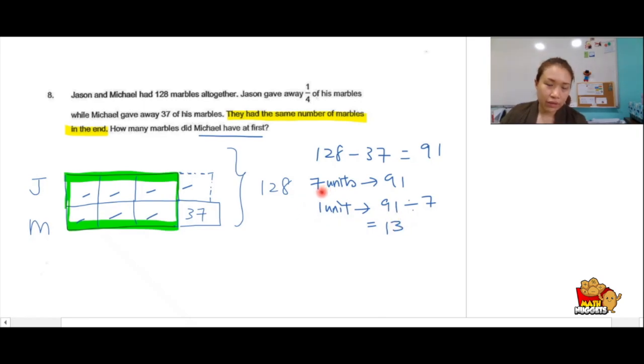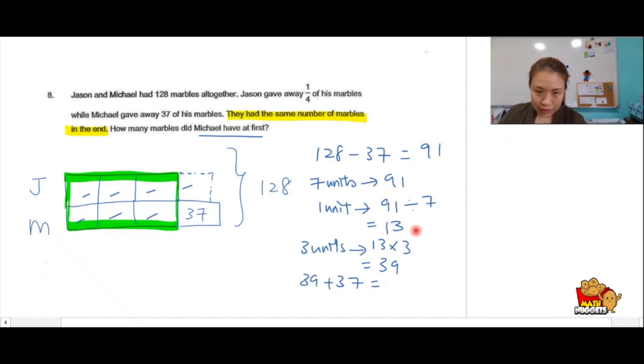Question wants us to find Michael at first. Michael at first would be 3 units plus 37. That's 76.